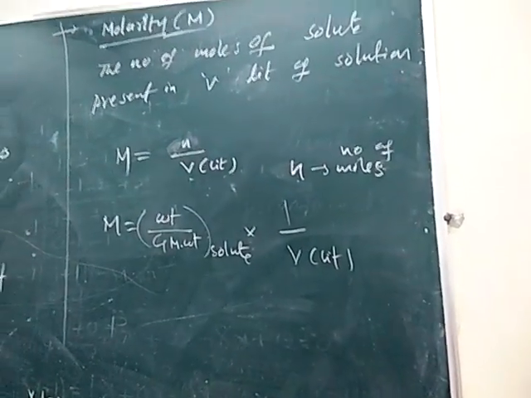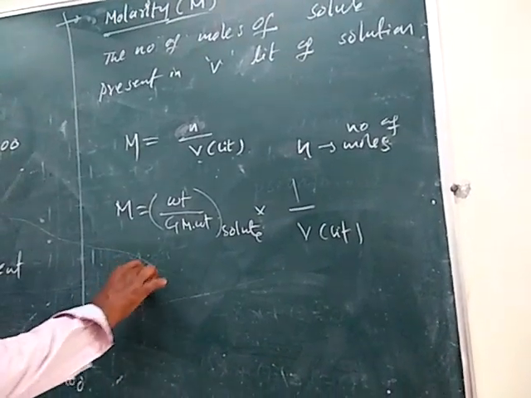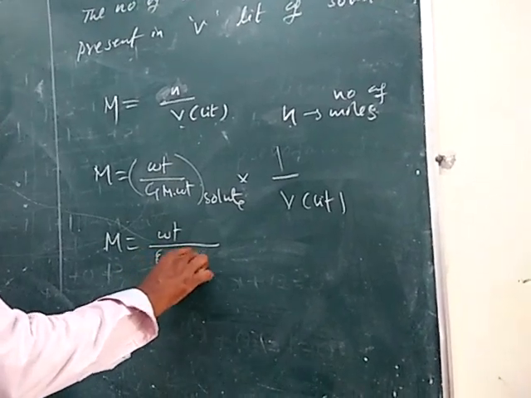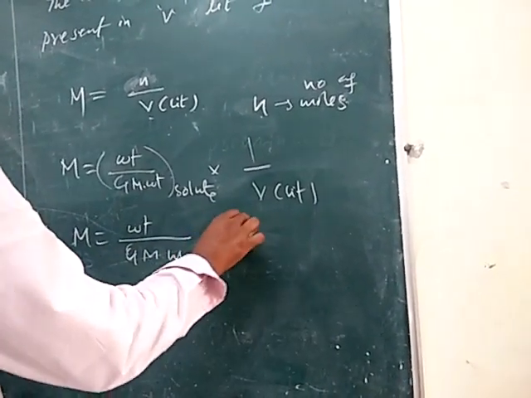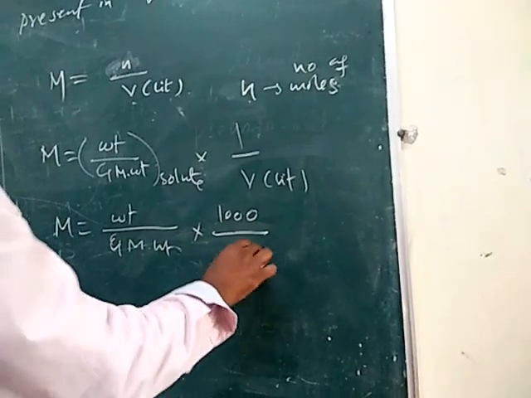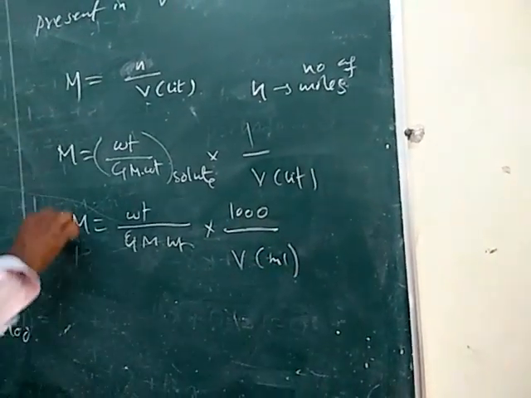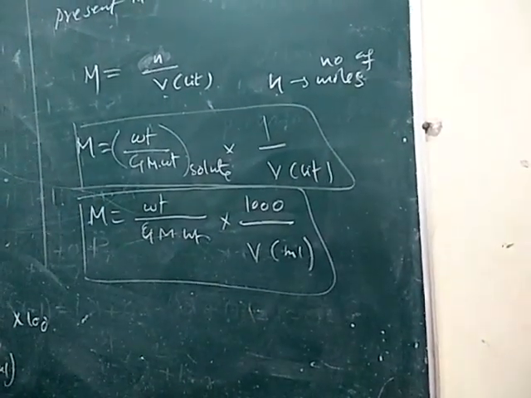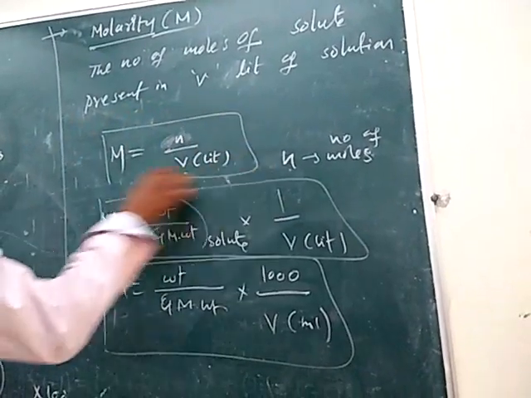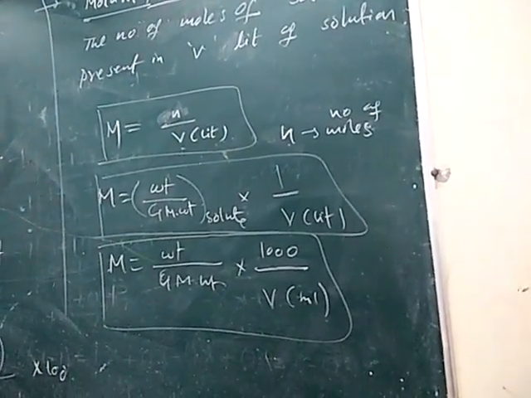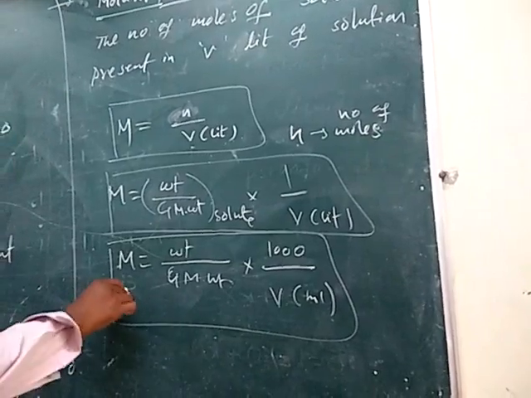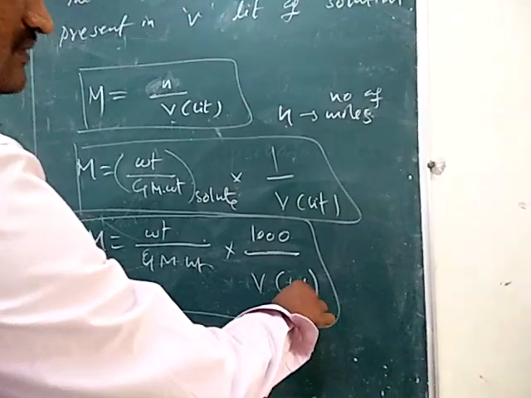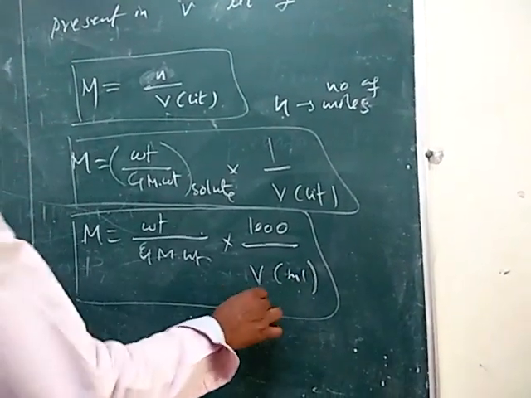So molarity equals weight by gram molecular weight into 1000 by volume of solvent in ml. We can use this formula or directly use the number of moles and volume.